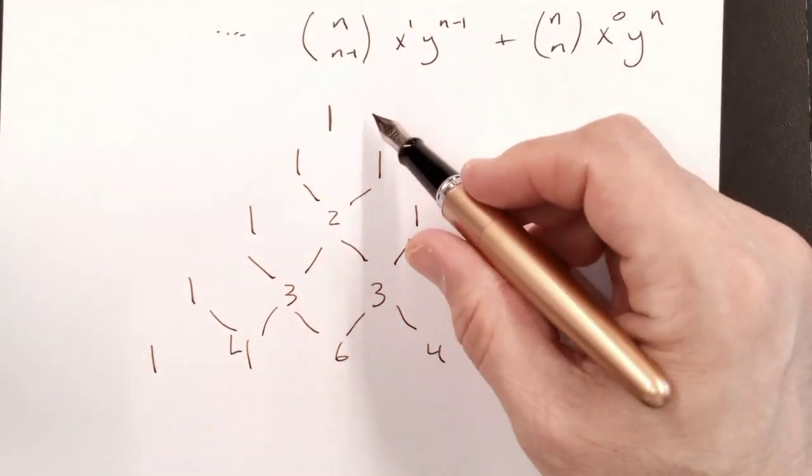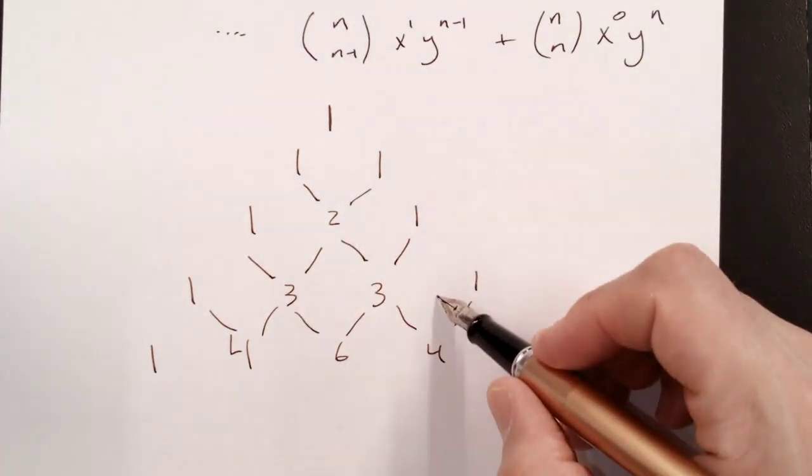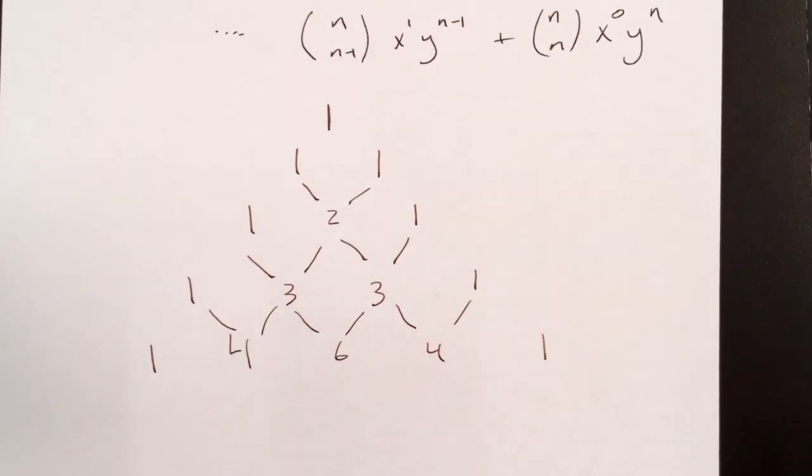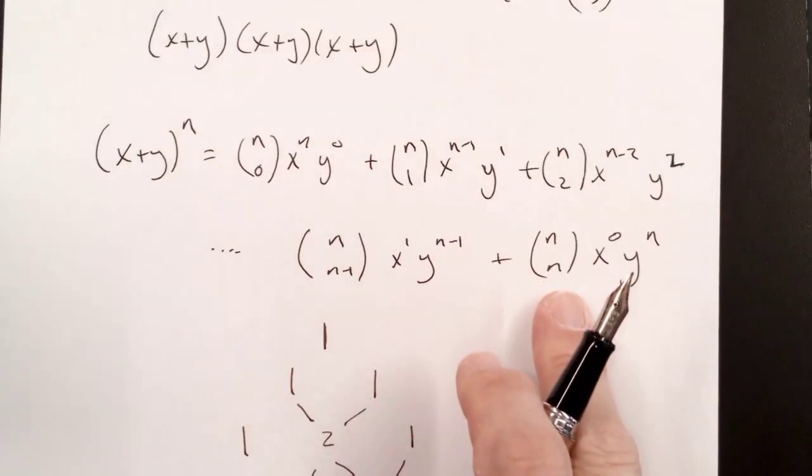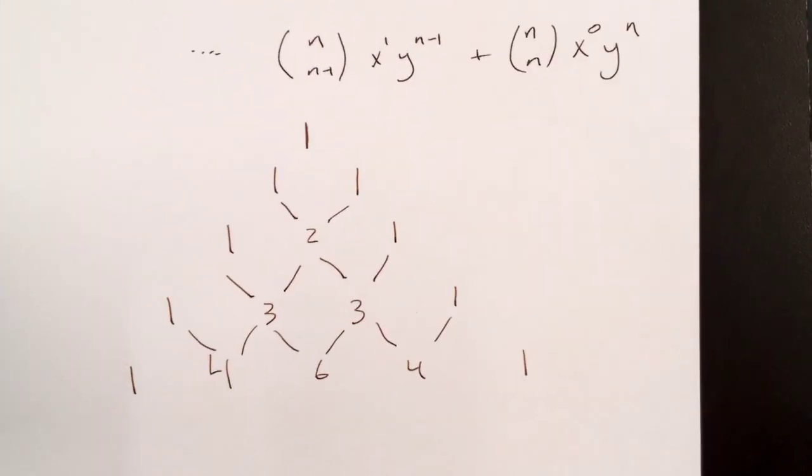This is the 0 row, the 1 row, the 2 row, the 3 row, the 4 row. These are the numbers that show up here every single time. What's the next row? Starts with a 1.